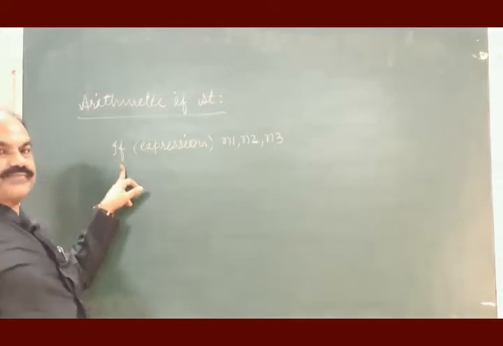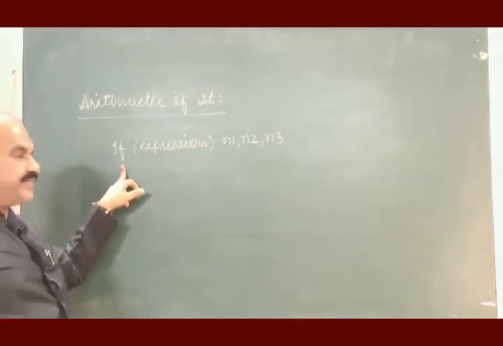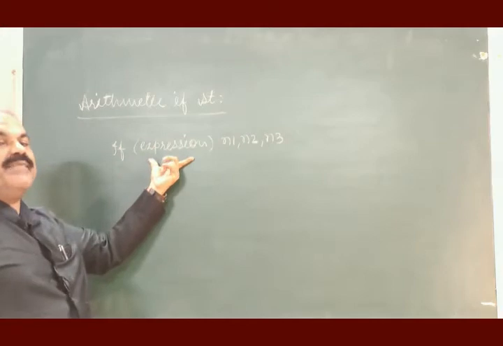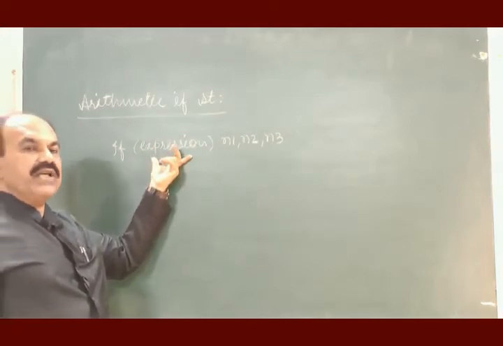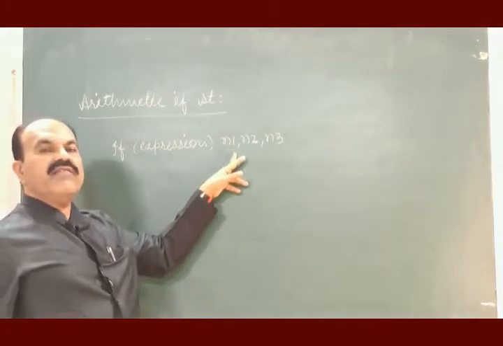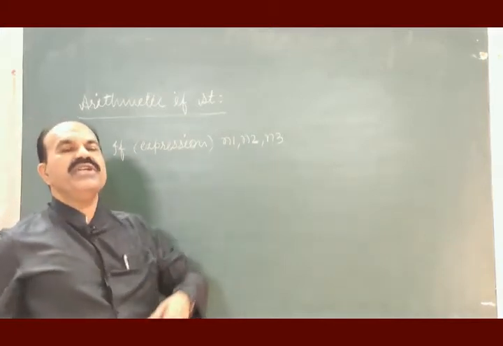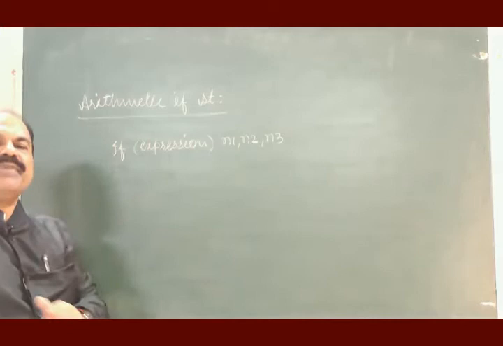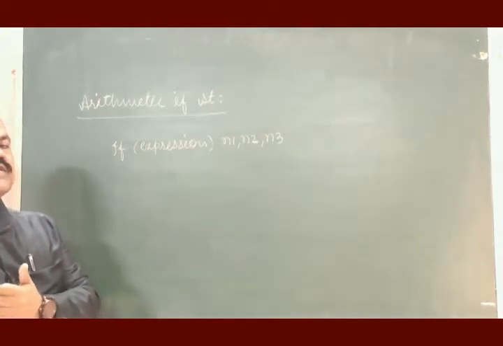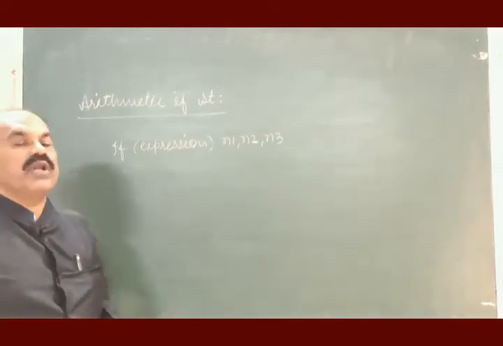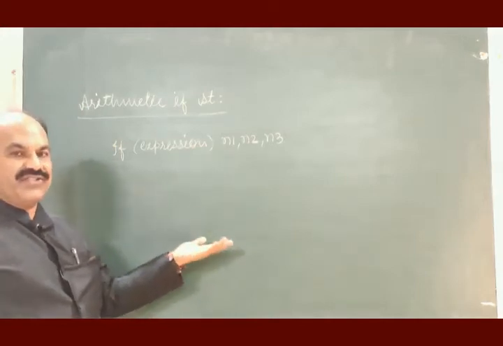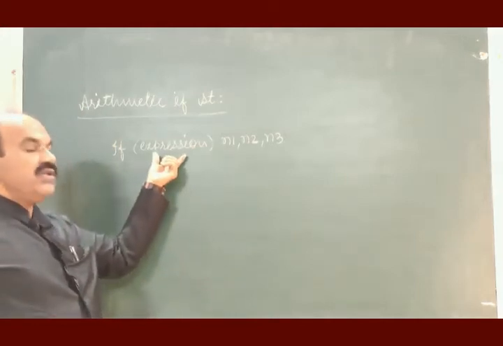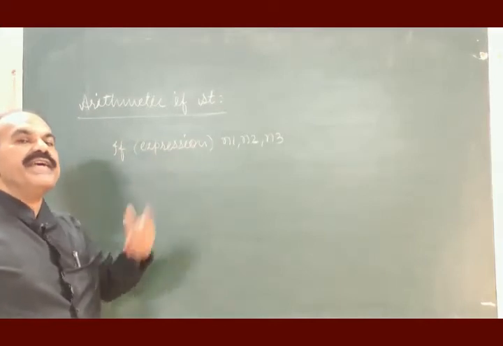if is the statement, inside the parenthesis arithmetic expression is there, n1, n2, n3 are the statement numbers of the statements in the same program where the control is to be transferred depending on the outcome of this expression.